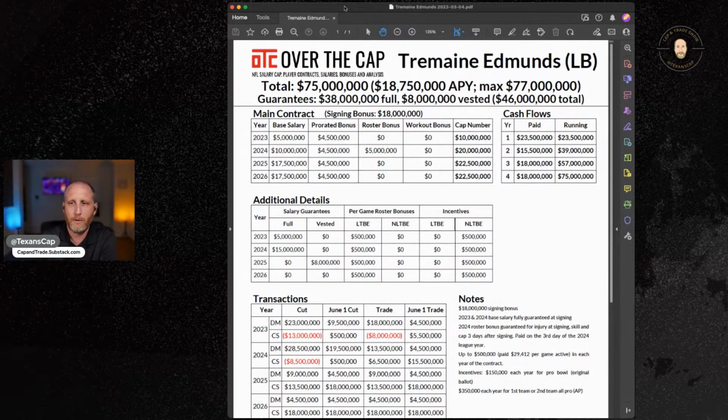So like we talked about, 18.75 APY. What I heard from a few folks that I talked to that were at the combine was that he was going to get every bit of a contract north of 18 million per year. That's what I was told. So that's a lot of the information that I used to work towards this 18.75 million number.